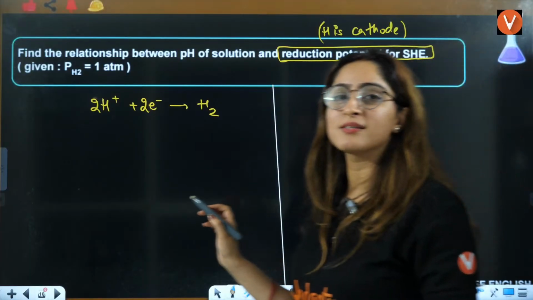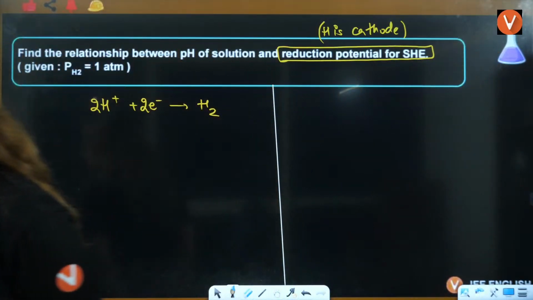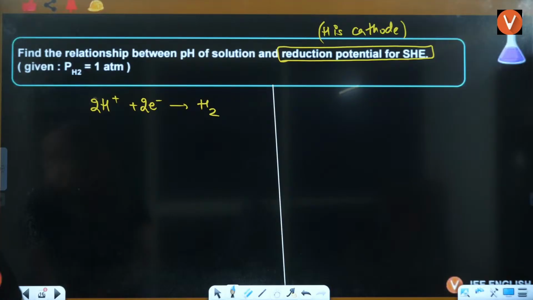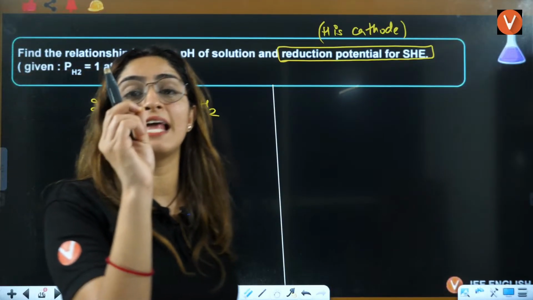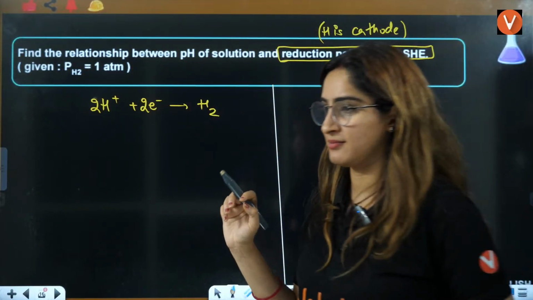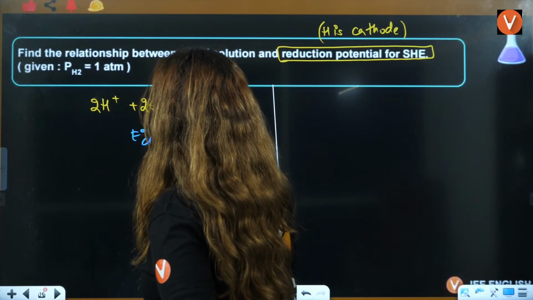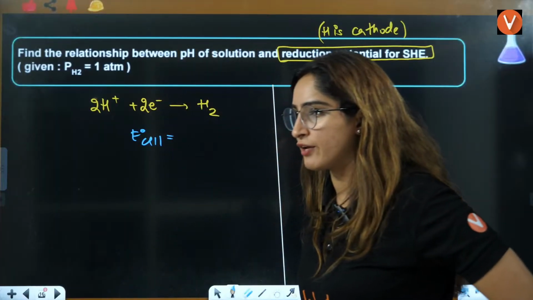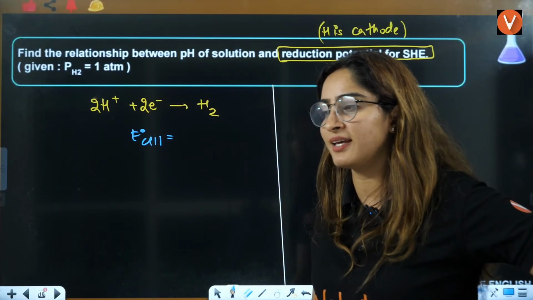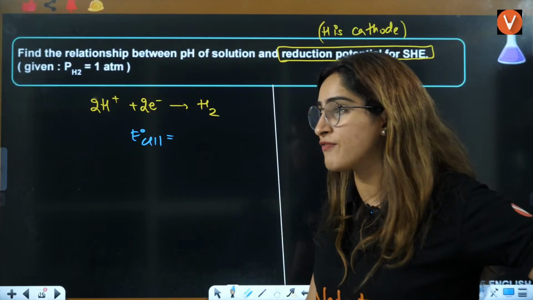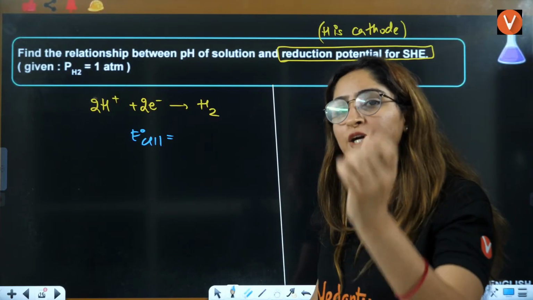Now, tell me, what is the E naught cell value for hydrogen? I know you are efficient enough to know this. What is the E naught cell value of hydrogen?